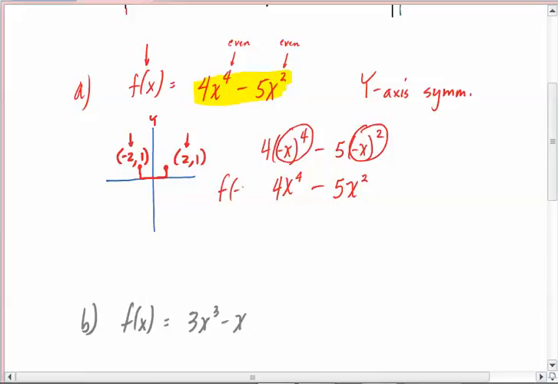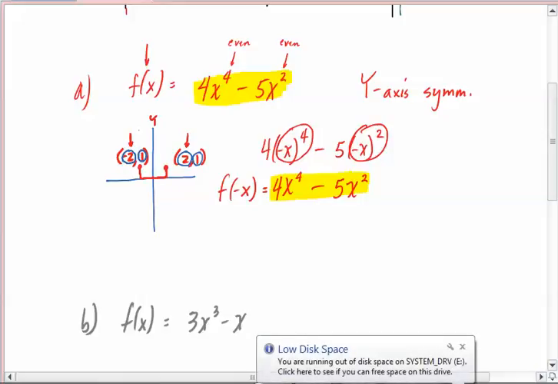I put in a -x. I actually get the very same thing I started with in the original function. Here's what that means. If I put in a positive x, I get this particular y. If I put in a -x, by golly, I get the very same y value. That means it has y-axis symmetry.